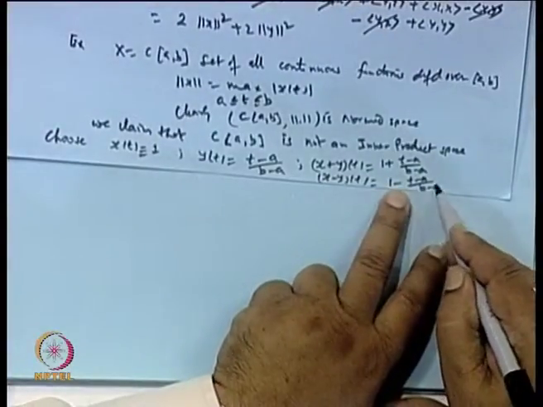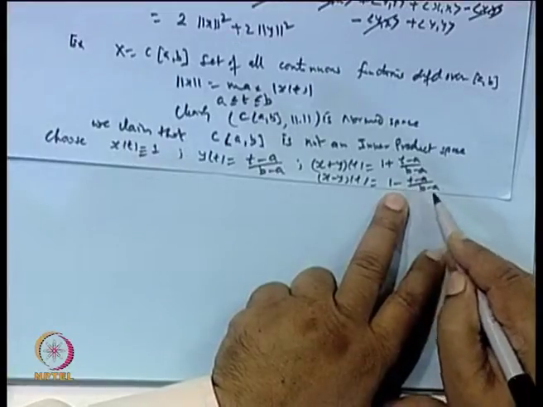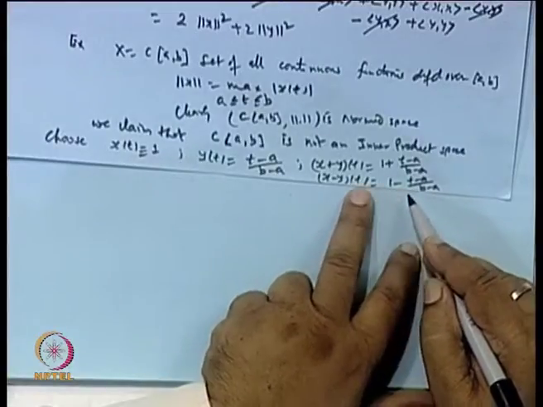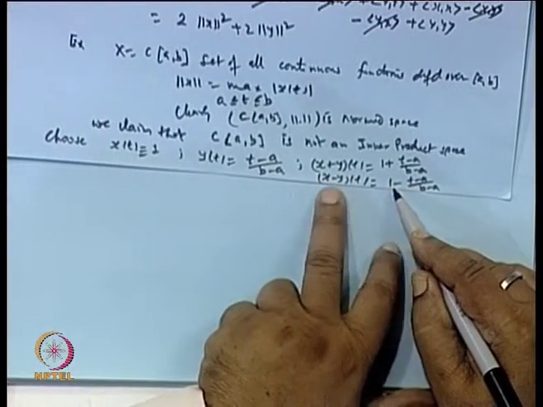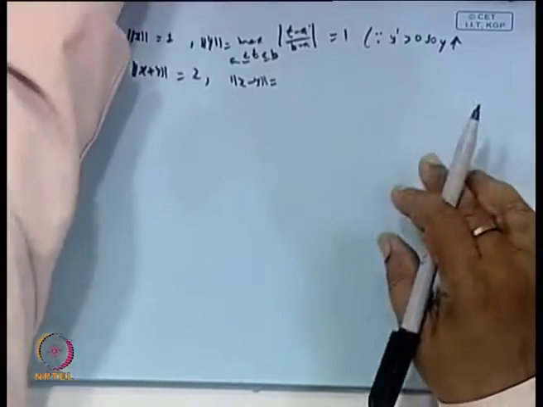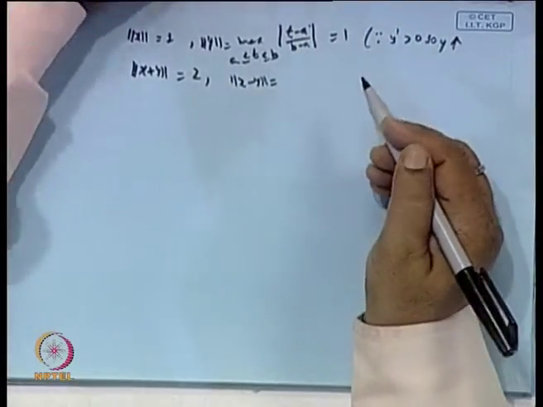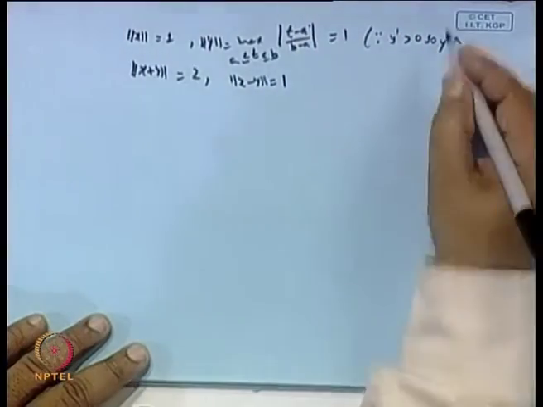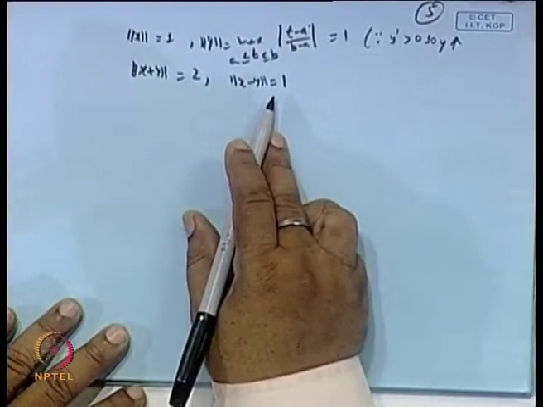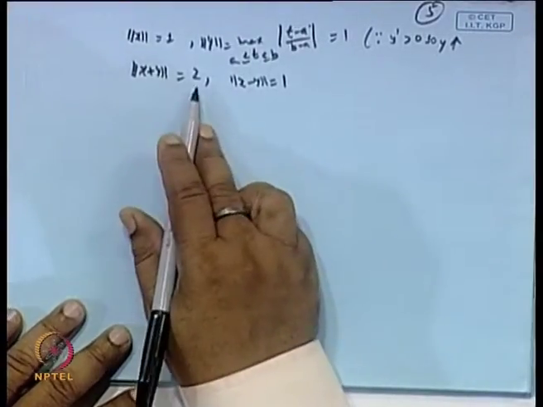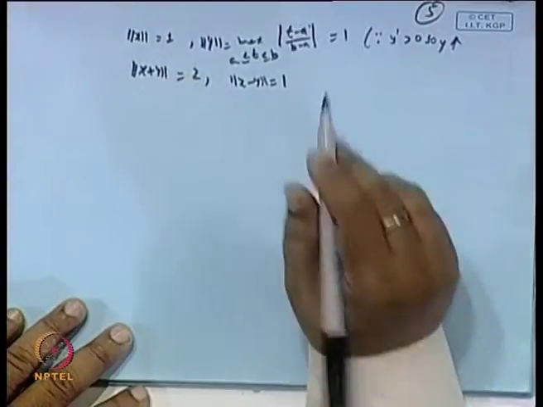We are subtracting, so we have to subtract the minimum value so that we get the maximum. The minimum value is attained when t is equal to a. So, the norm of this will be 1. Sorry, the norm of x plus y is 2, and the norm of x minus y is 1, and here is 1.